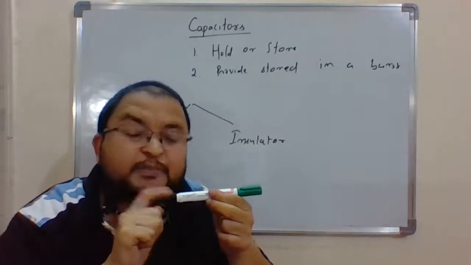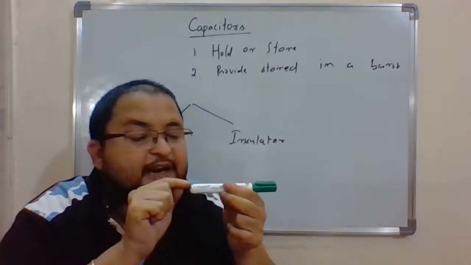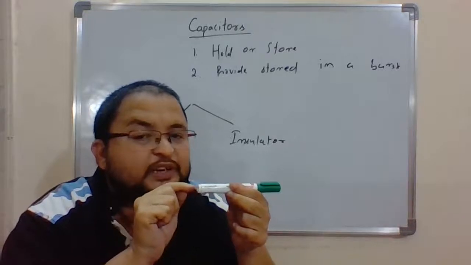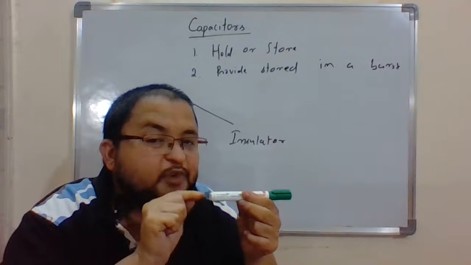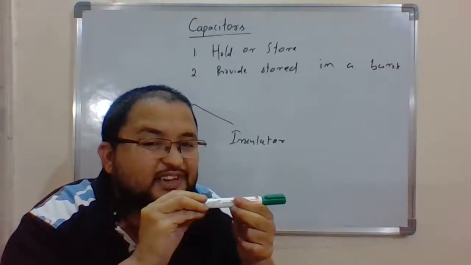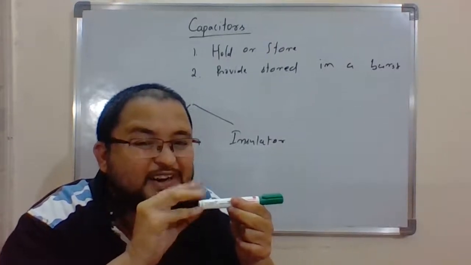That is the property of an insulator, and the charge would just get accumulated in the same place where I'm charging. Now if charge starts accumulating here, obviously the potential of this would increase, right?